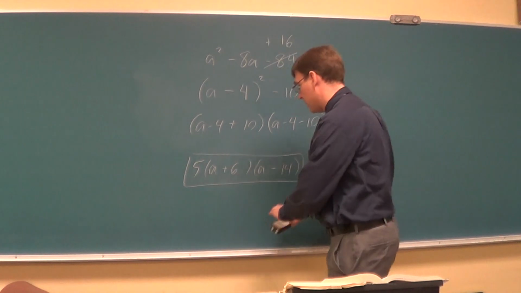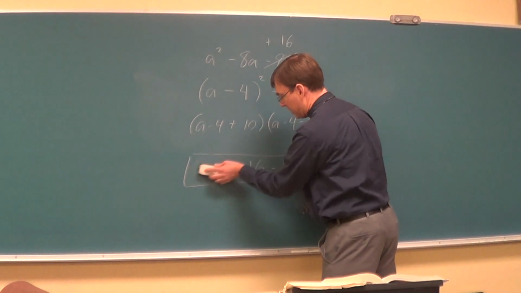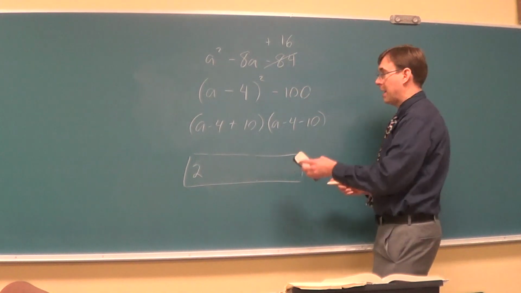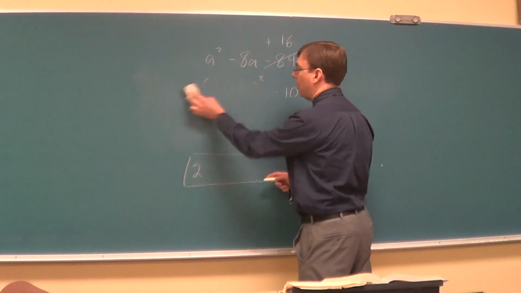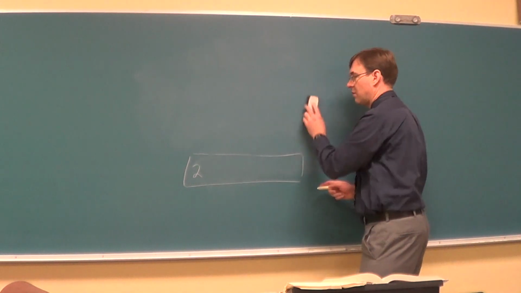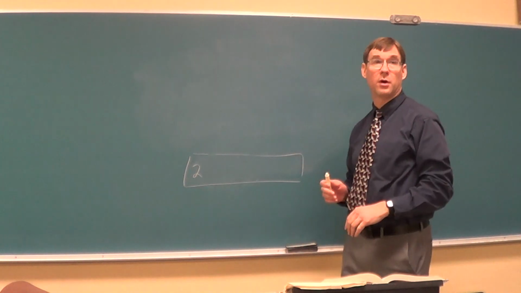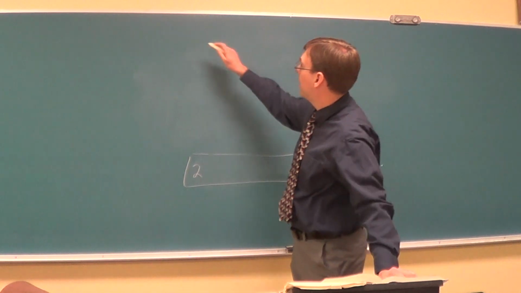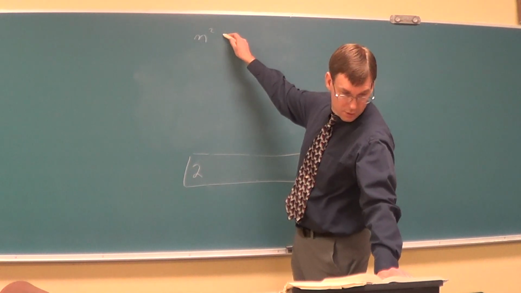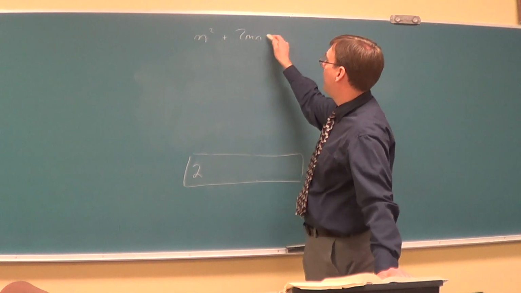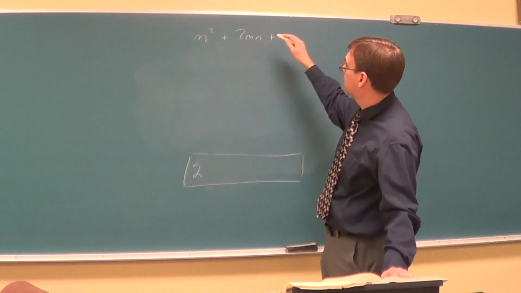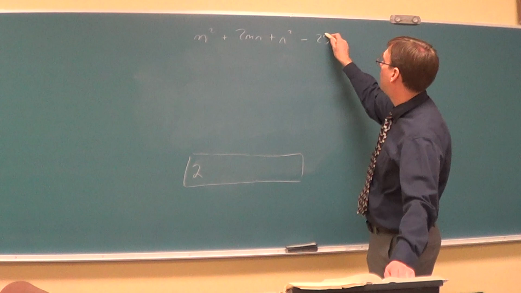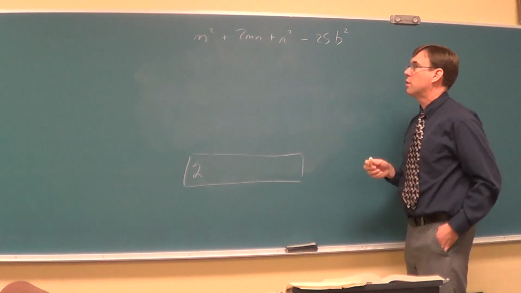Okay, so what I'm going to do then is go to my answer zone, and I'm just going to bring the 2 already, and I'm going to work the problem without that 2 because I just don't feel like looking at 2's all through my book. You okay with that? So I'm going to go m squared plus 2mn plus n squared minus 25b squared as my starter position.